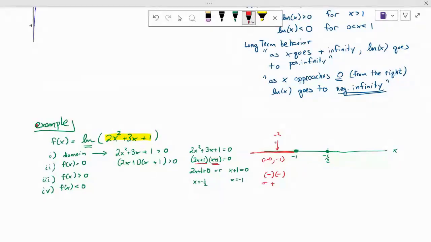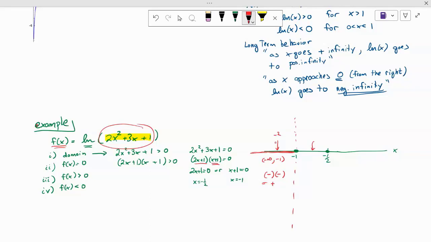The middle interval, I believe, is, let's say we take, give me a number between -1 and -0.5. No, we are not determining whether the function is negative or positive. We're actually just looking at the domain, and the function is a log, so the inside has to be positive.